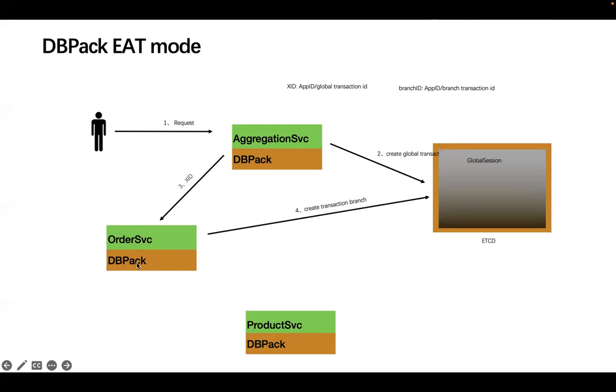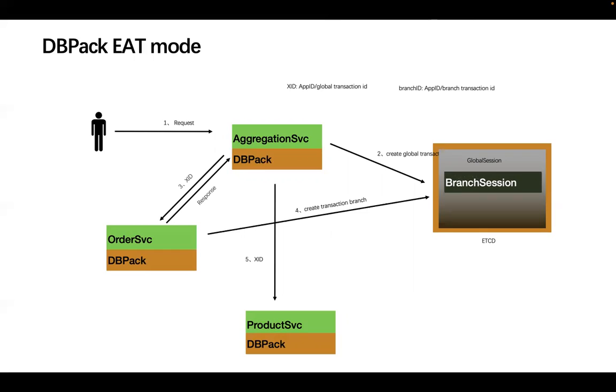So after the XID is passed to the order service, DBPack will register the branch, creating the branch transaction on the etcd side. It will also commit the local transaction with the prepared undo log. The branch session is stored in the global session, and we have the XID.